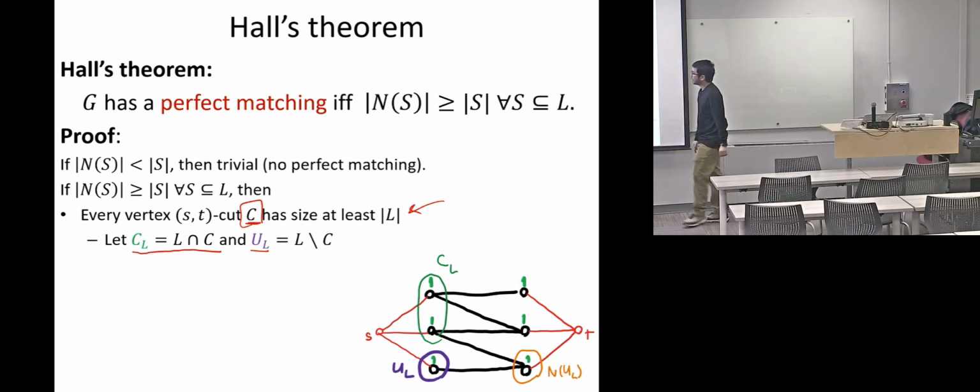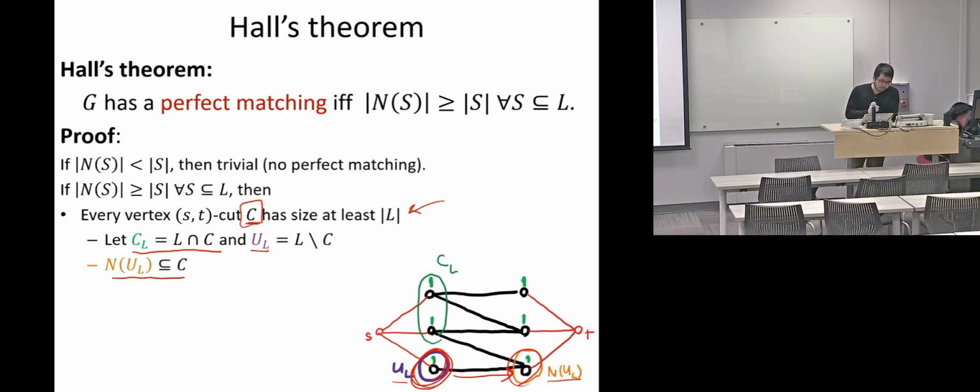But if this is not cut, then the neighbor set of U_L must be cut, because otherwise there is a way to go from S to T.